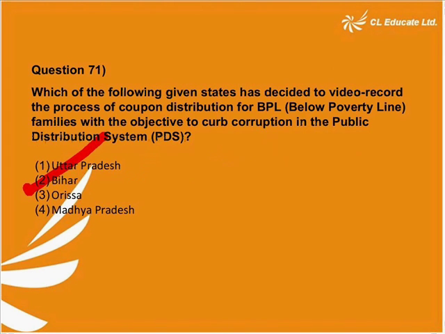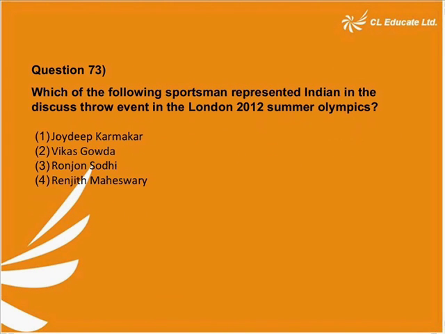Then shooting of late 2004, Rajyavardhan Rathore, if you remember. 2008, who won in 2008? 2008, Abhinav Bindra. Then 2012, how many medals we won? Yes, Vijay Kumar and who? Gagan Narang this time.